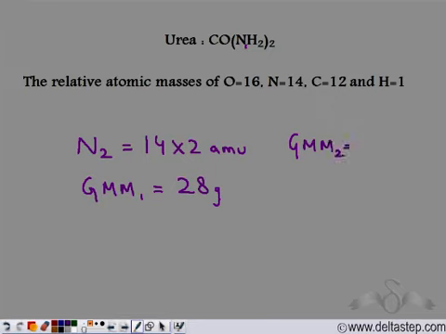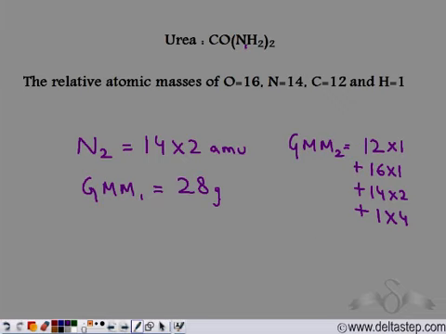So from the formula of urea, we know we have 1 atom of carbon, which is 12. We have 1 atom of oxygen. Then we have 2 atoms of nitrogen. And we have 2 into 2, 4 atoms of hydrogen. Each hydrogen has atomic mass of 1 and there are 4 hydrogen atoms.